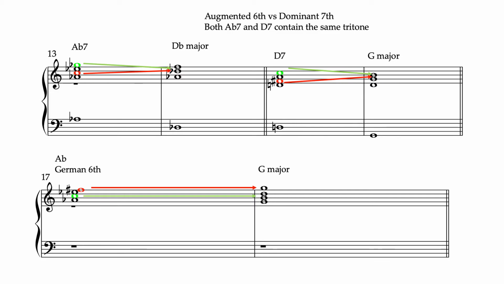It's just a different way of resolving the tritone within this particular chord, and that's the key thing that we're playing with here. Let's sort of move on from that and have a look at a few augmented 6th chords in context.